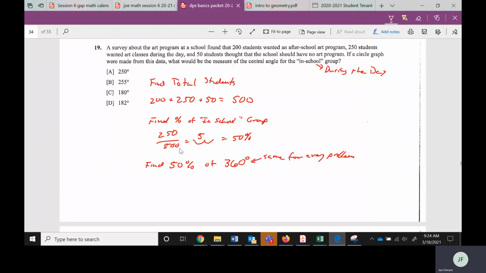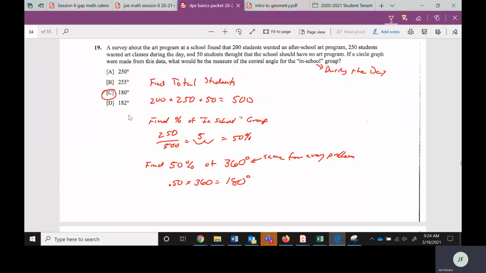The percent could be different depending on how many, like if it was asking for after school for this one, that'd be 200 out of 500, you get a percent, and then you take that percent of 360. So change 50% to a decimal, 0.50 of 360. Okay, that gives you 180 degrees, and that's your answer.